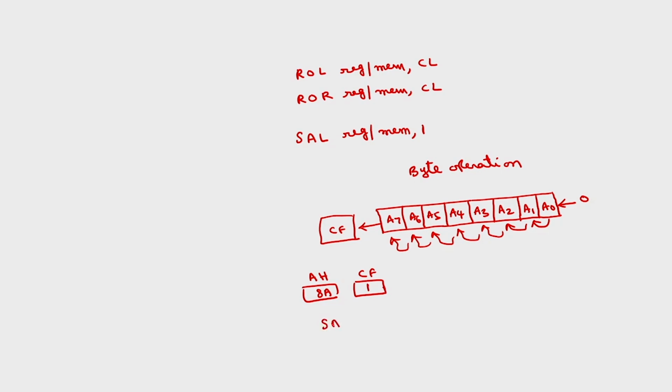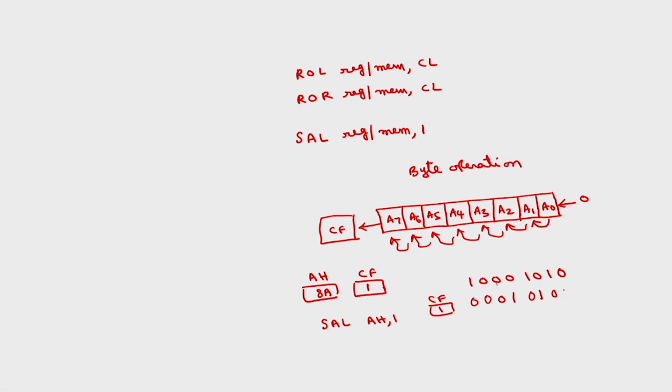If I write SAL AH comma 1, then 8A will be 1 0 0 0 1 0 1 0, and if you shift left by one bit position, this 0 will move here, this 1 will move here, this 0 will move here, this 1 will move here, this 0 will move here, this 0 here, this 0 here, and this 1 will be moved to the carry flag. Initially carry flag was set, now also it remains set.